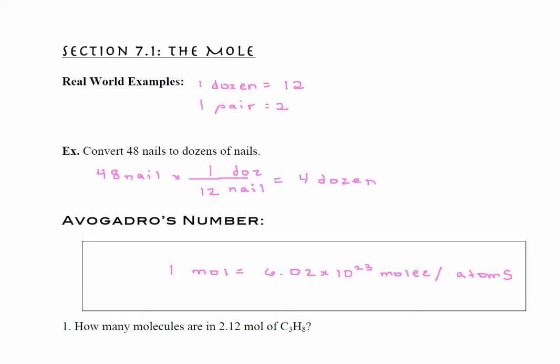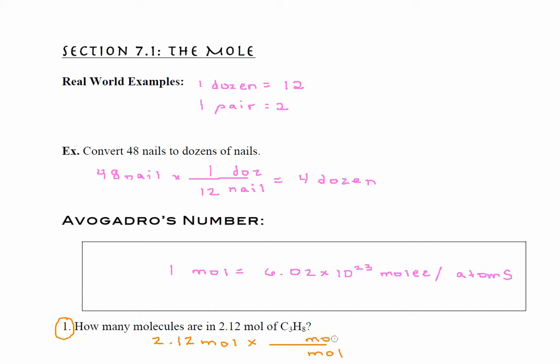All right, so let me give you an actual example to make this make a little bit more sense. It says in this question right here, number 1, how many molecules are in 2.12 moles of C3H8? So I start with my given, which is 2.12 moles. I'm going to crisscross swoosh. The unit I want to get rid of in this case is going to be moles, so I'm going to put moles on bottom, and I'm going to put molecules up top.